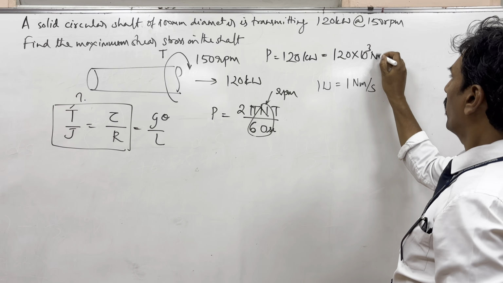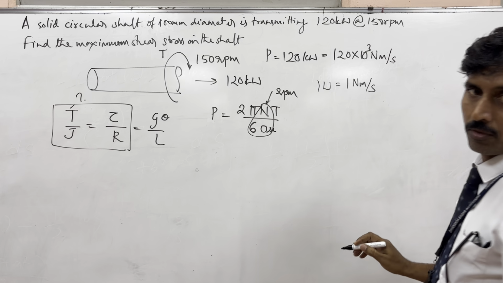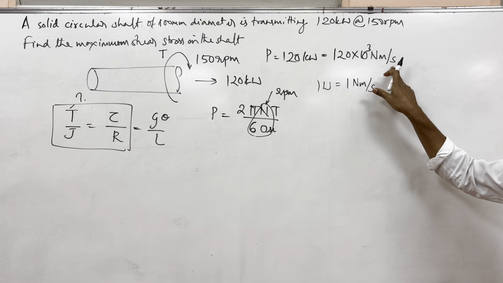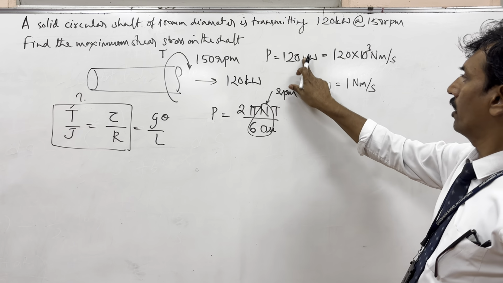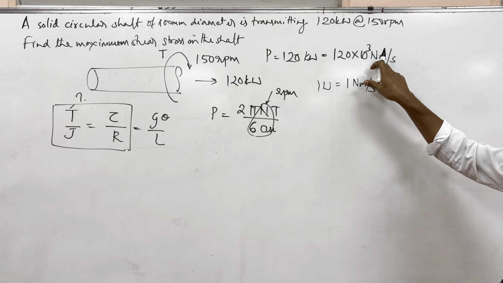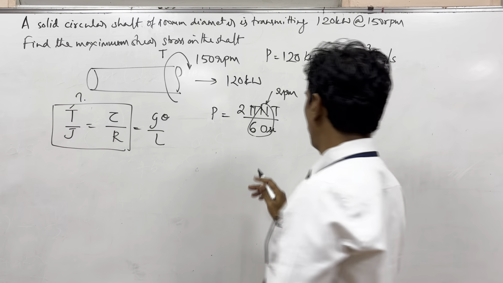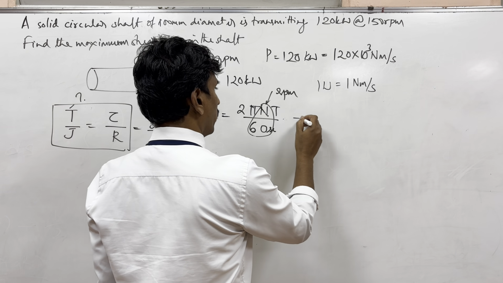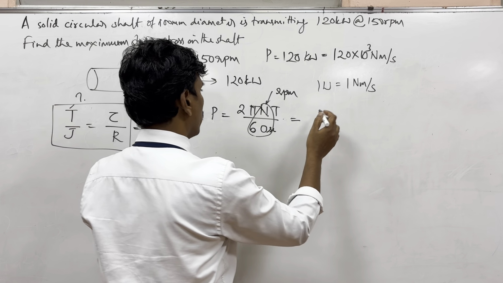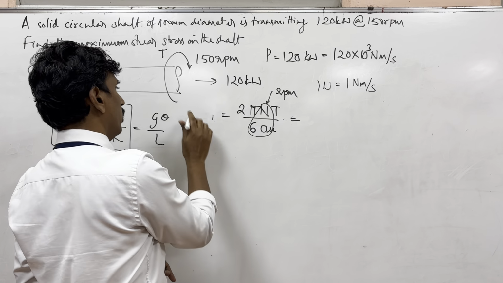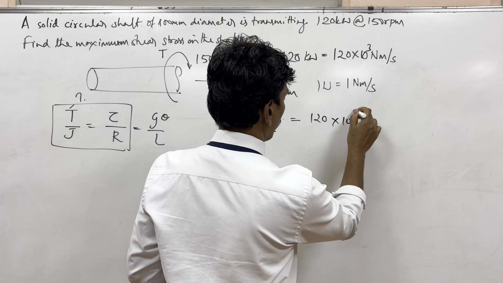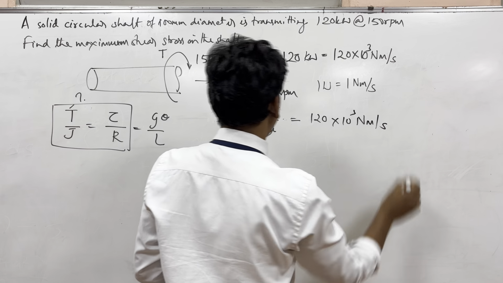One Newton meter is joule, and joule per second is watt. Therefore this 120 kilowatt is written as 120 into 10 to the power of 3 Newton meter per second. So I substitute this here.